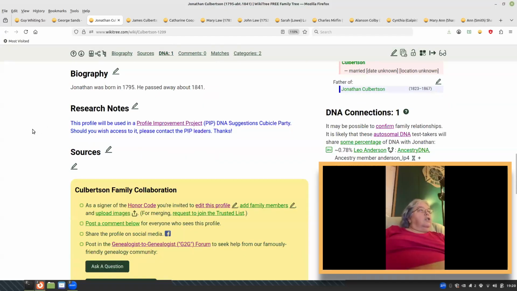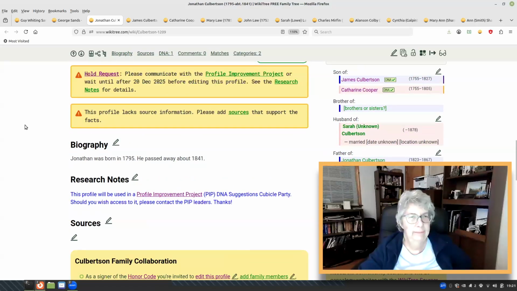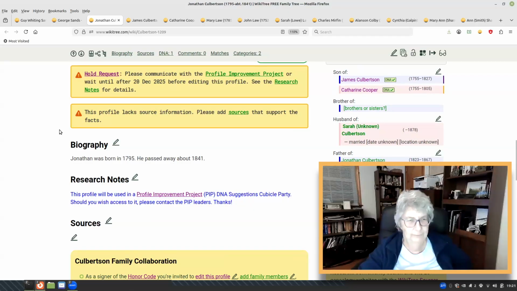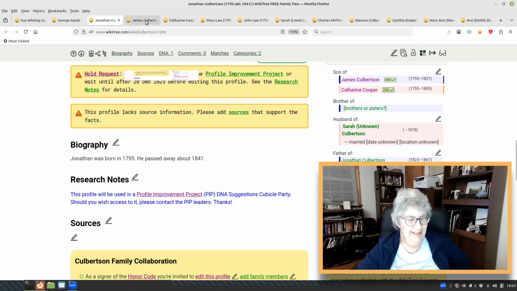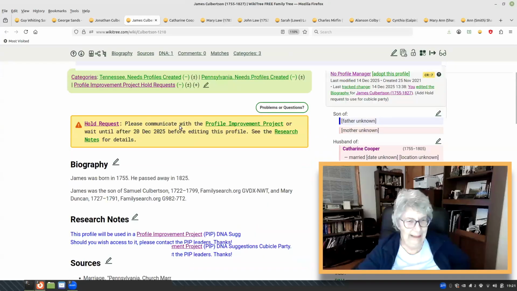And those are marked on Jonathan's profile that way. And if it went to their parents also, it would mean that it's marked on theirs too. Right. And this is obviously uncertain because there are no sources. He doesn't have any sources. Yep. So we don't have to look at him.